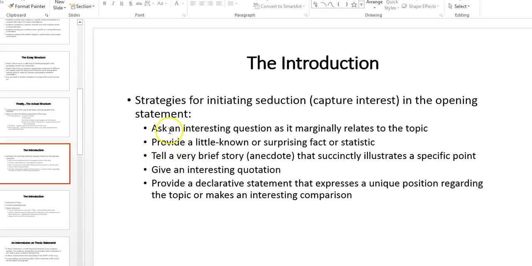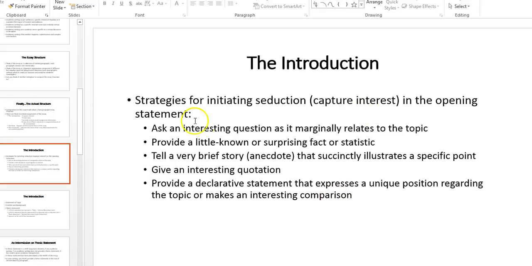You can open your introductory paragraph by asking an interesting question that is marginally related to your topic. You can provide a little known or surprising fact or statistics. You can tell a very brief story that quickly illustrates a specific point, right? You can give an interesting quotation. You can provide a declarative statement that expresses a unique position regarding the topic or makes an interesting comparison.